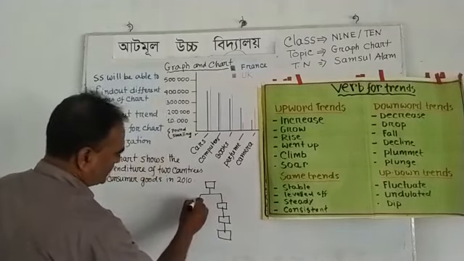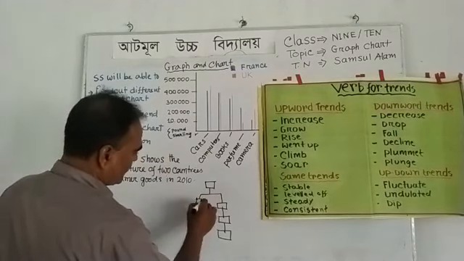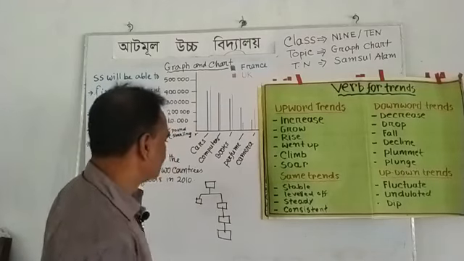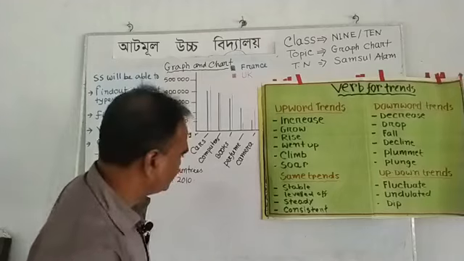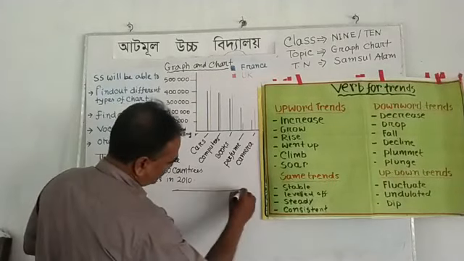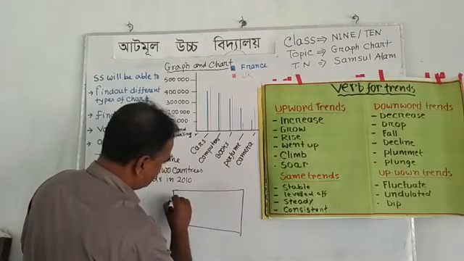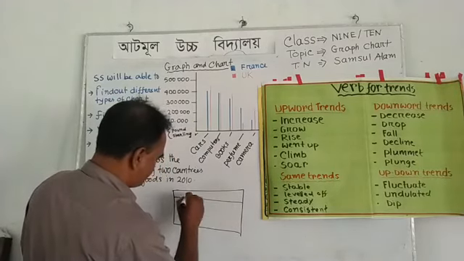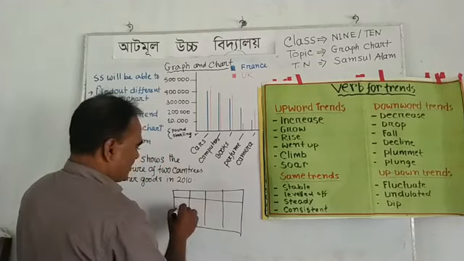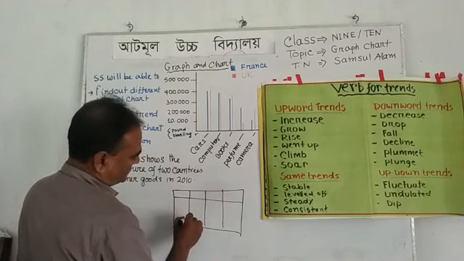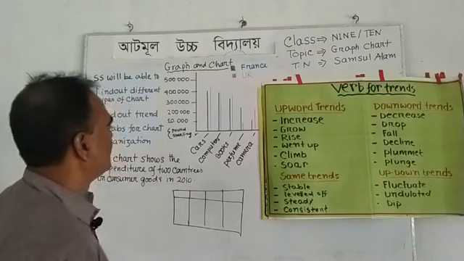So this one is called a flow chart. So this one is a table chart. Different types of data are given in the table. So this one is called a table chart.